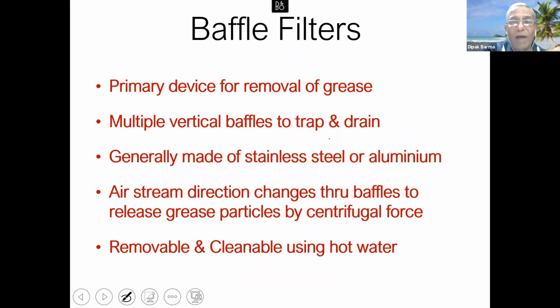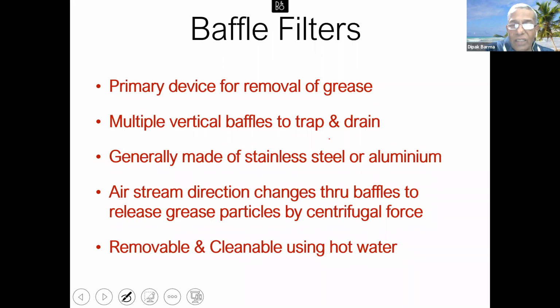Now we come to the baffle filters. This is the device for removal of grease. It has multiple vertical baffles to trap and drain the grease. It's generally made of stainless steel or aluminum, but mostly stainless steel. Very rarely is aluminum used because it would become much thicker and much bigger in size.